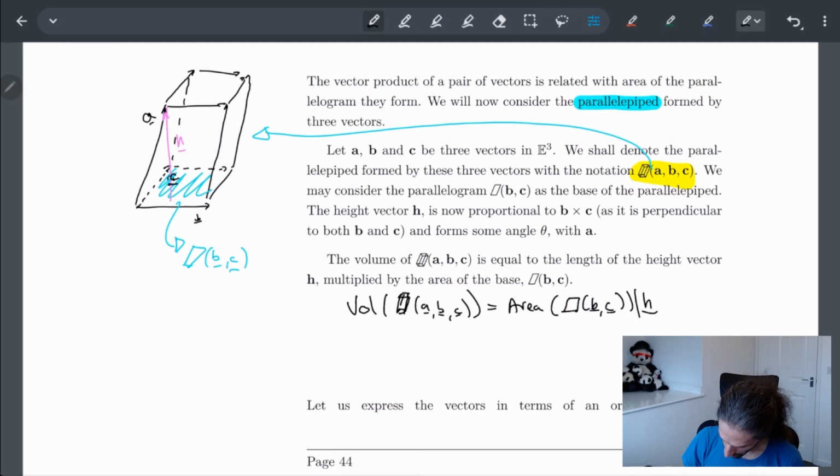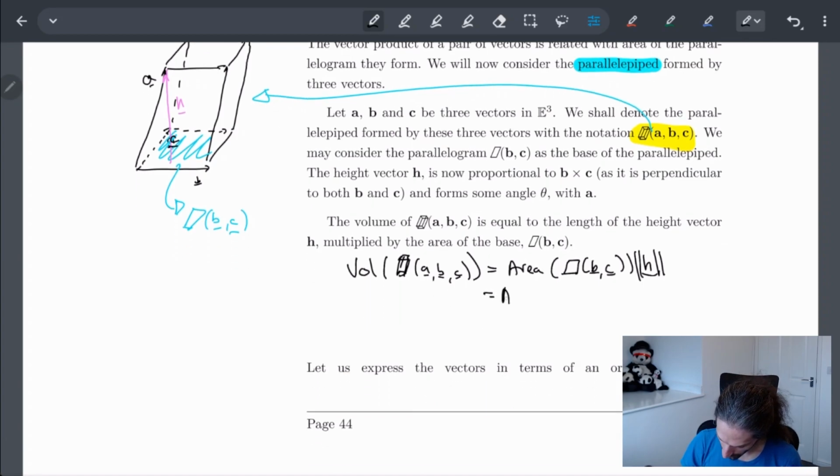The height here is the length of the height. So what is this? Here the height is going to be precisely the length of the A vector times the angle that it forms with the other things, right?